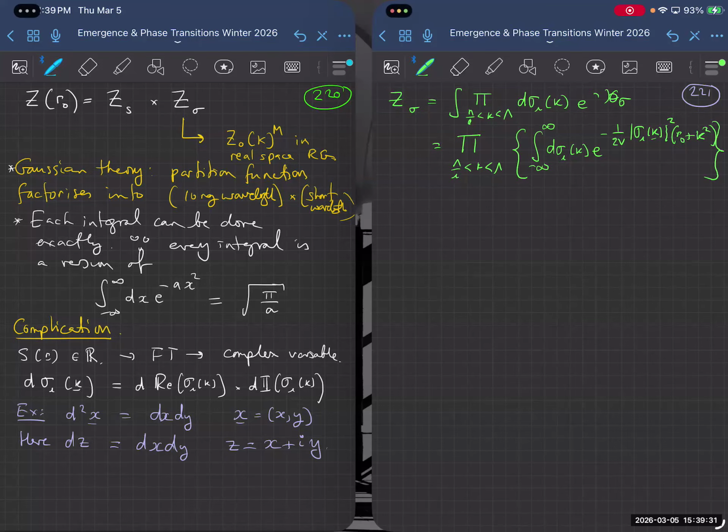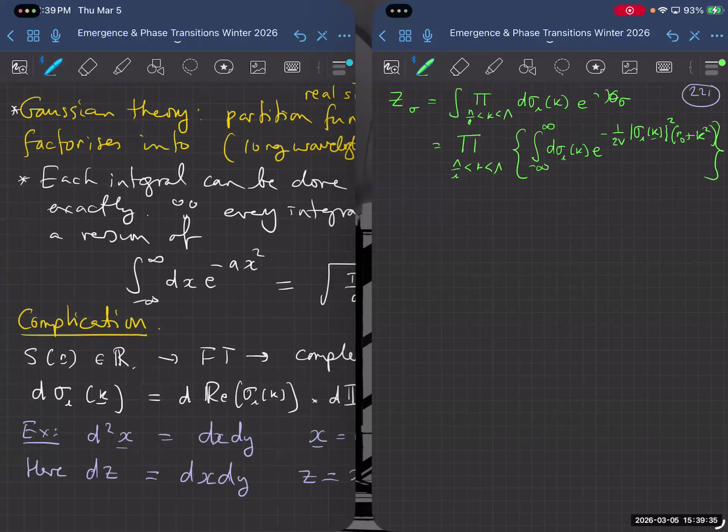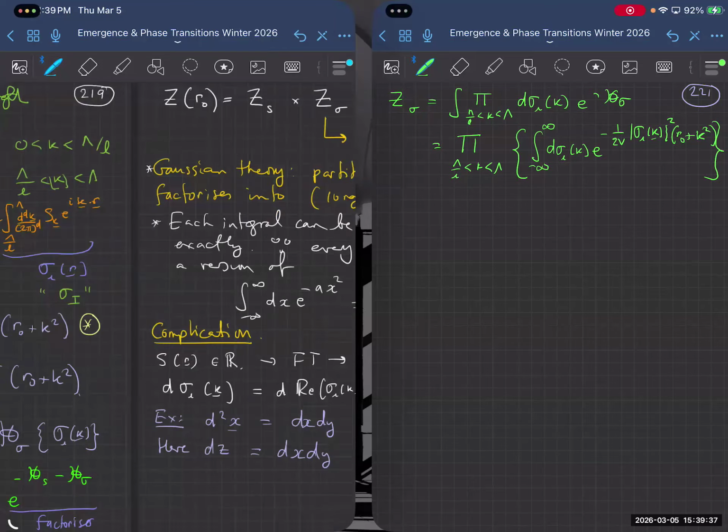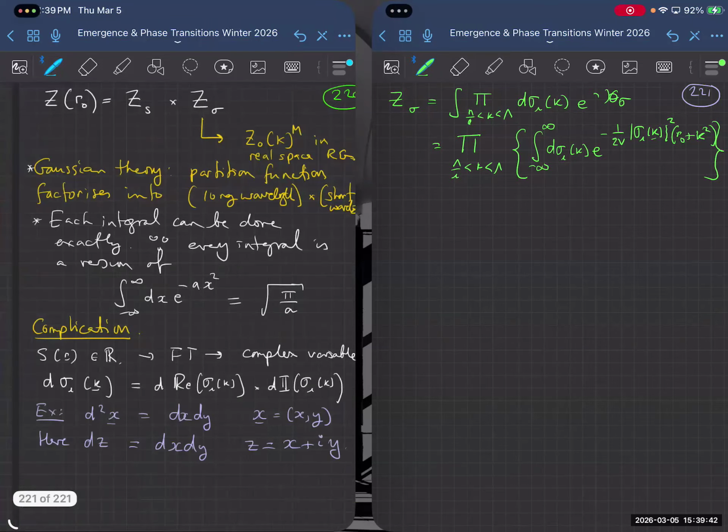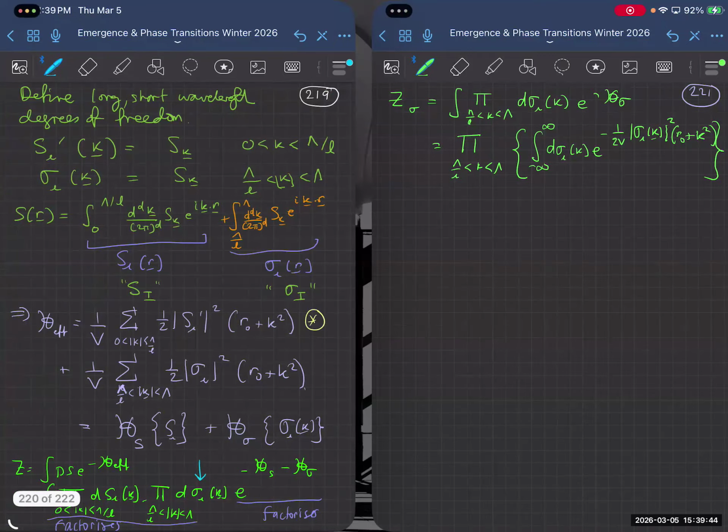Okay, look what I did. Because the Hamiltonian for Z sigma is this thing over here, and it's just the sum of a bunch of terms which depend on K. So when I write it in the partition function, they just are a product.